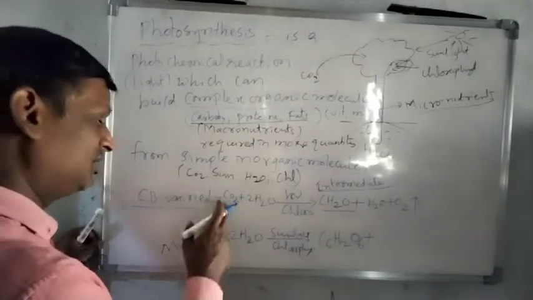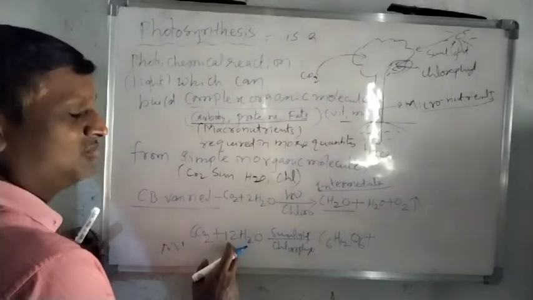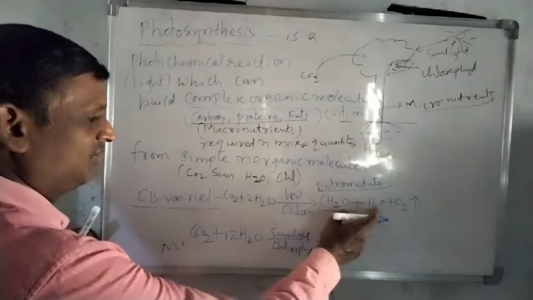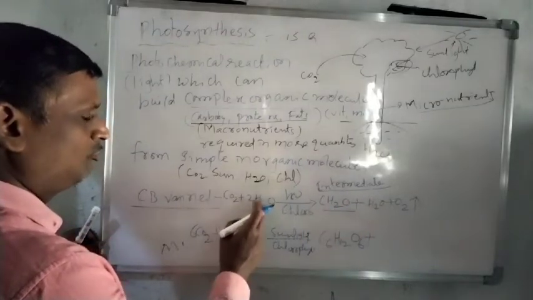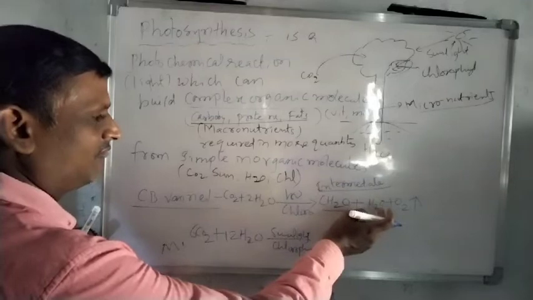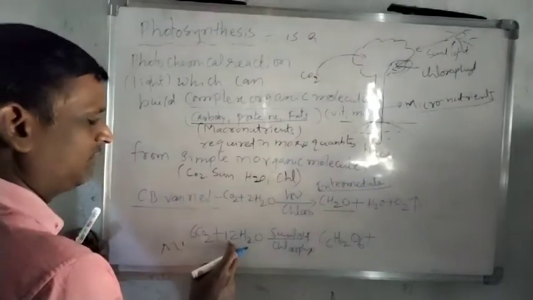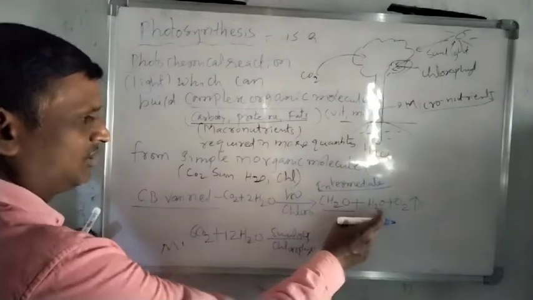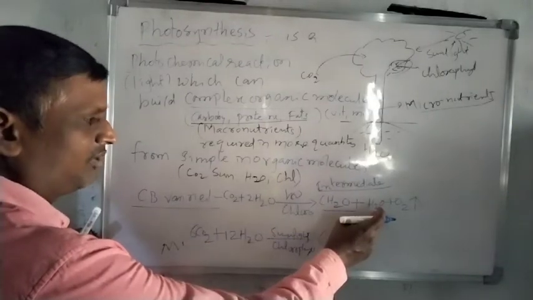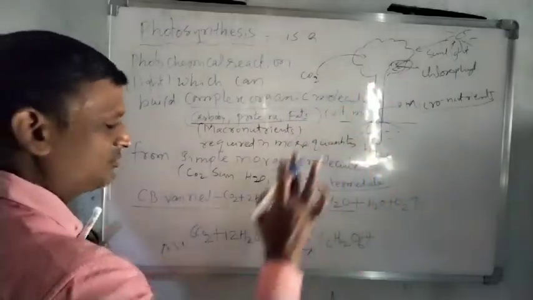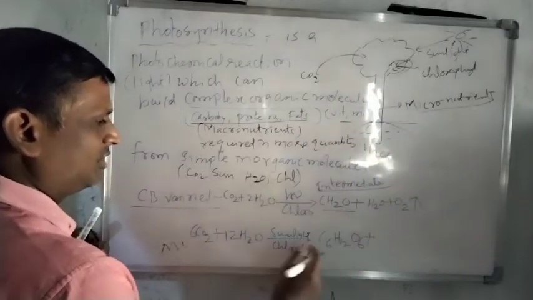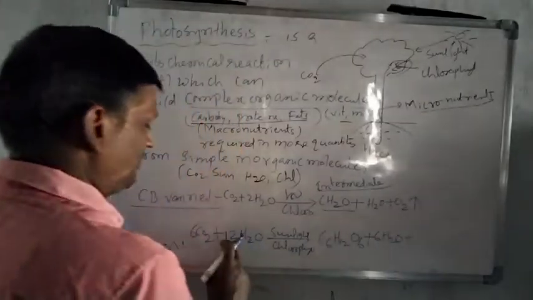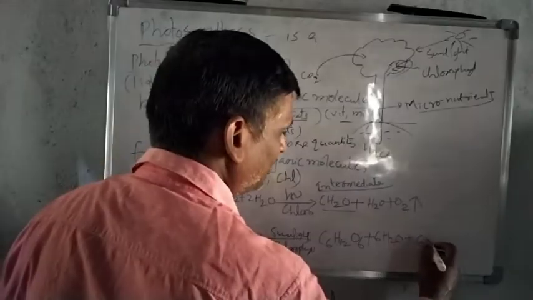When we take 6 carbon dioxide and 12 water molecules, 12 water molecules means 6 water molecules are produced as a byproduct, and besides these, 6 oxygen molecules are also produced.